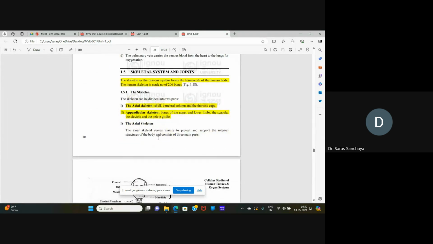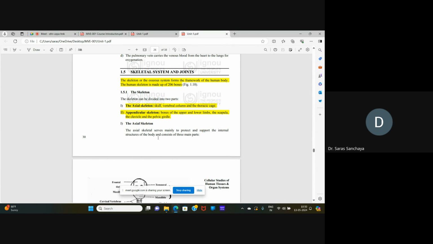Now, skeletal system and joints. We have finished with the muscular system and we have finished the cardiac system. Now we come to the skeletal system and joints. The skeletal or osseous system forms the framework of the human body. The human body is made up of 206 bones. Now the skeleton can be divided into two parts: axial skeleton and appendicular skeleton.